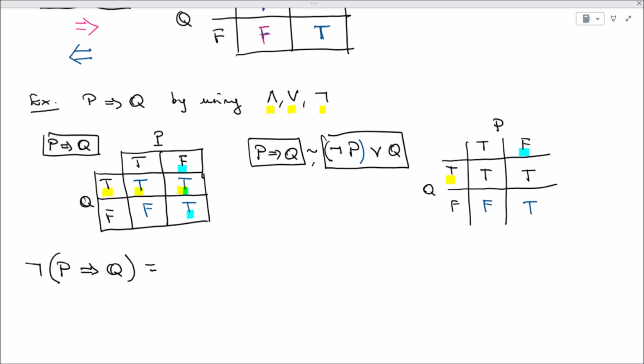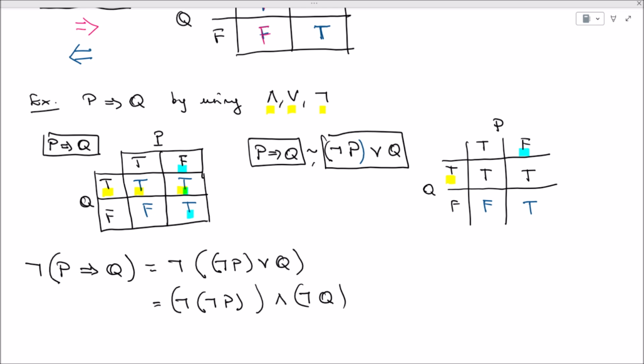Well, we can now resort to the usual rules, because we can express P implies Q as not P or Q, and just applying the usual rules, this is not not P and not Q, which means P and not Q. So we have obtained a new version of the negation of a proposition.